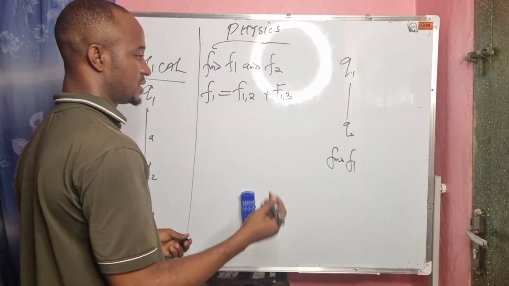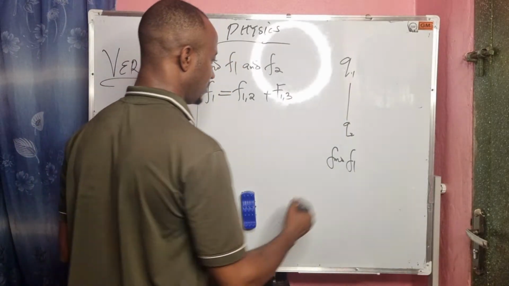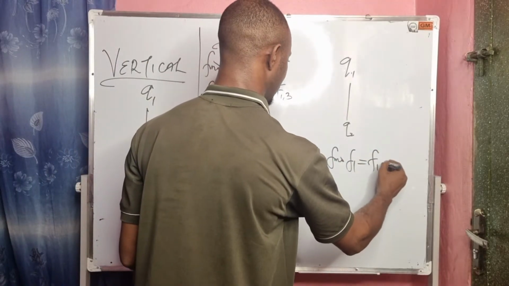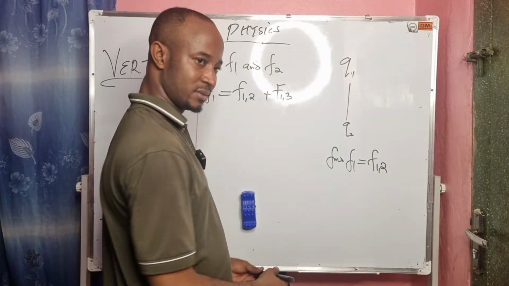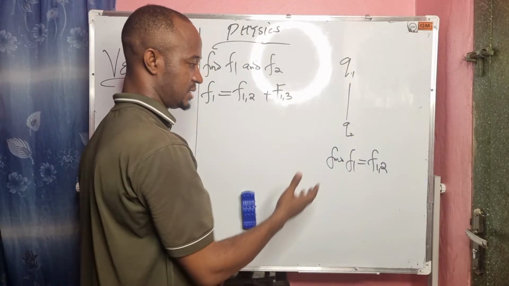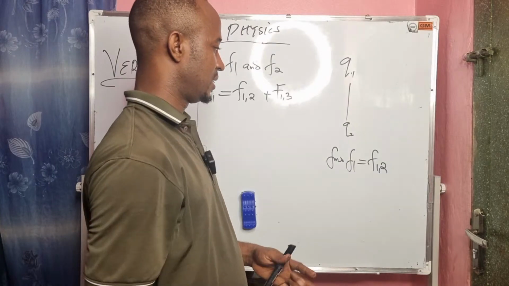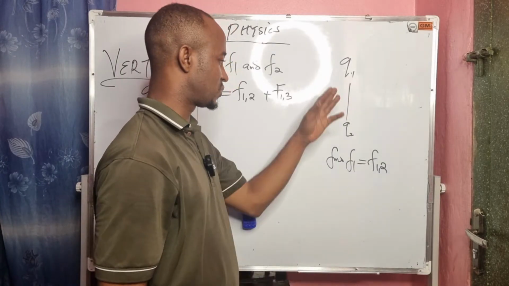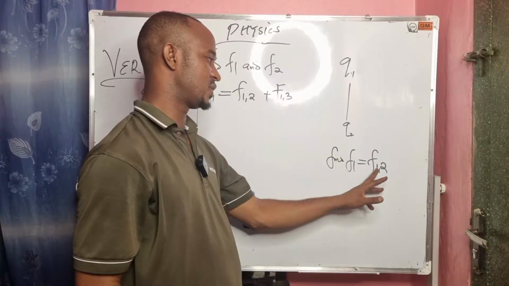F1 will be the same as F1,2, meaning from only 2 to 1, because we only have two point charges in the system. So the force acting on charge 1 is simply F1,2.